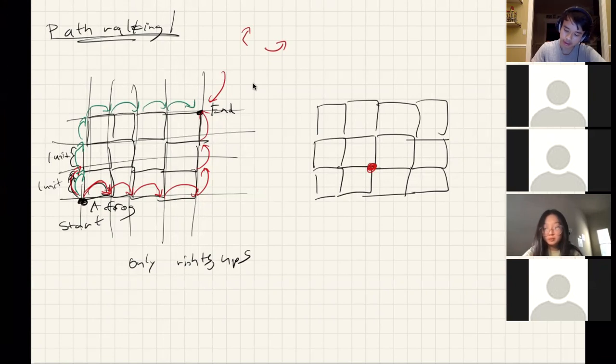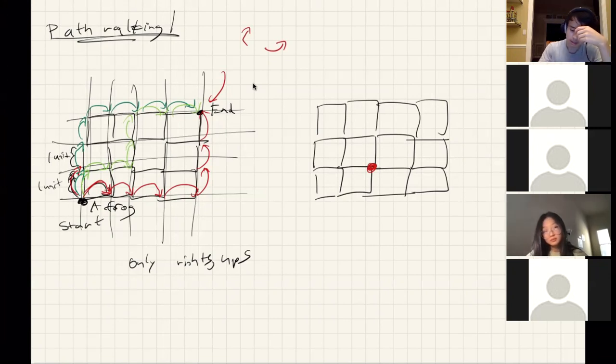And then another path you can take is up 1 step, right 1 step, right 1 step, up 1 step, up 1 step, right 1 step, right 1 step, and so on. These are just 3 examples of possible paths.